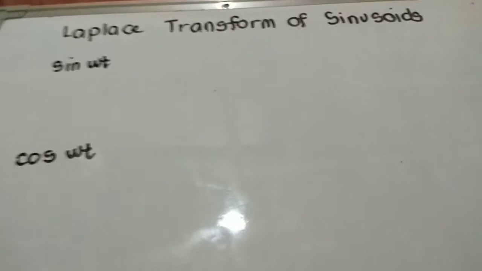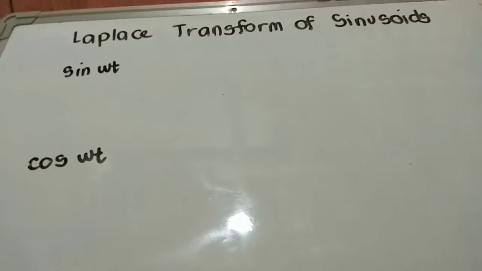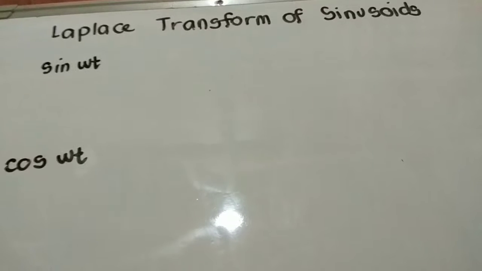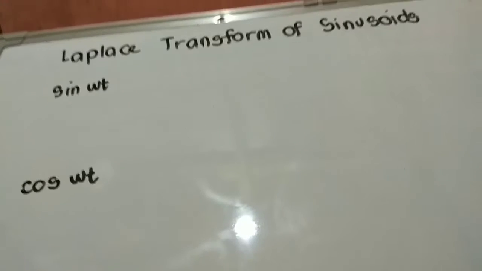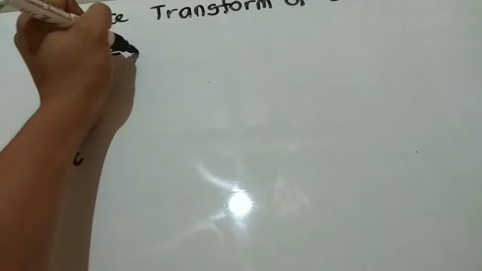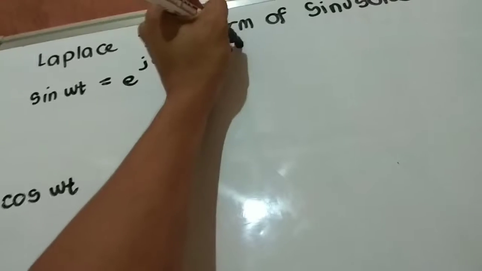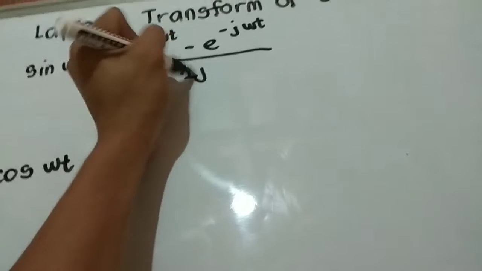Laplace transform of sinusoids. Sinusoids refer to the signals sine and cosine. Remember that in our advanced mathematics, we have discussed Euler's equation. So the Euler's equation of sine is equal to e to the power of j omega t minus e to the power of negative j omega t, all over 2j.